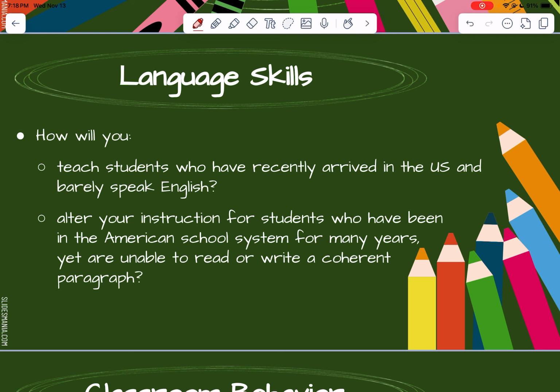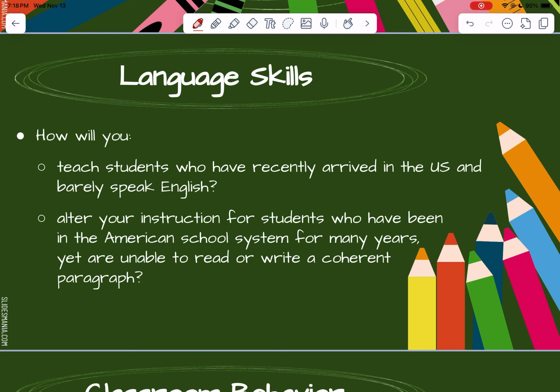You might think that that is something you're not going to run into, but without going into too much detail, we had a student at the high school show up last week who got on a plane from his home country and landed in America, speaks very little English, and is now taking high school level courses in English. And so that's something you've got to be prepared for in the event that it happens.